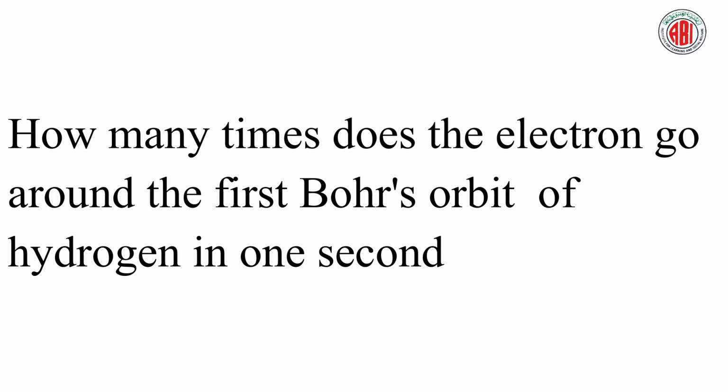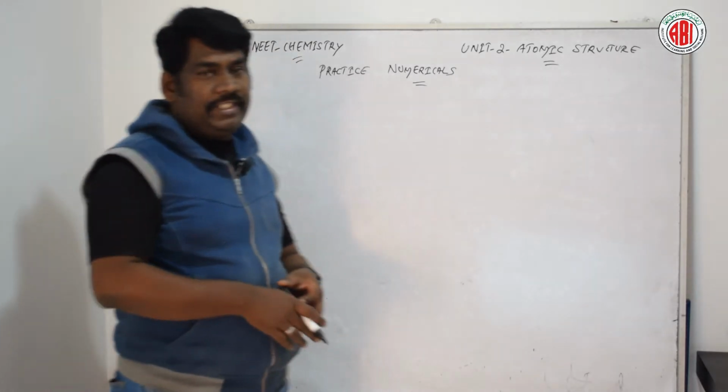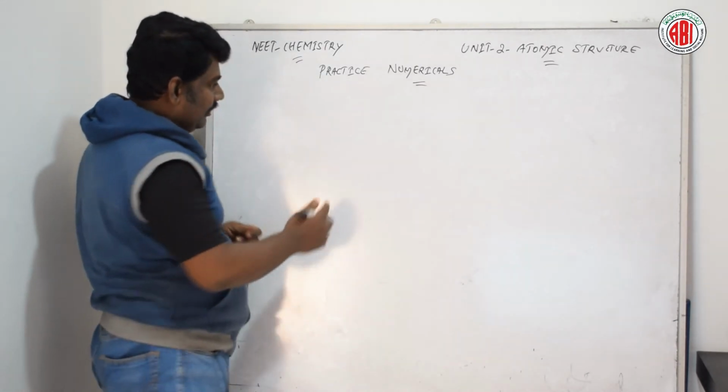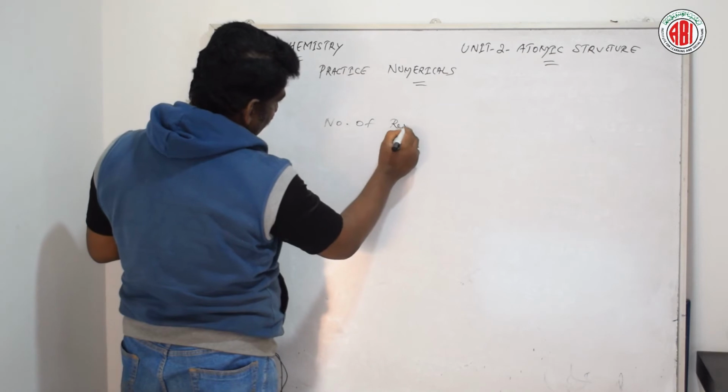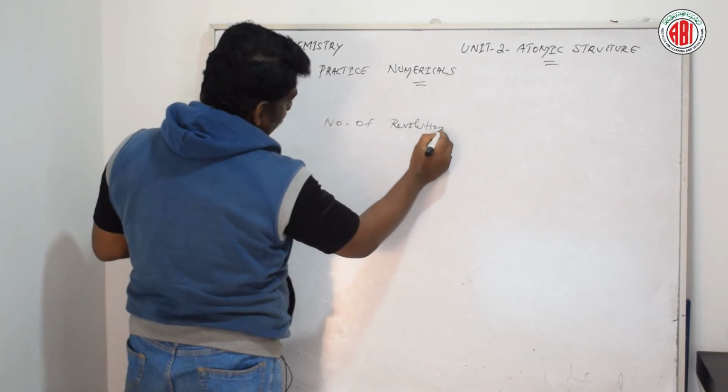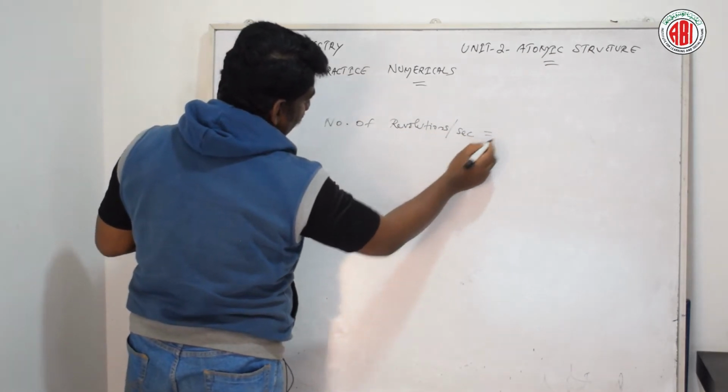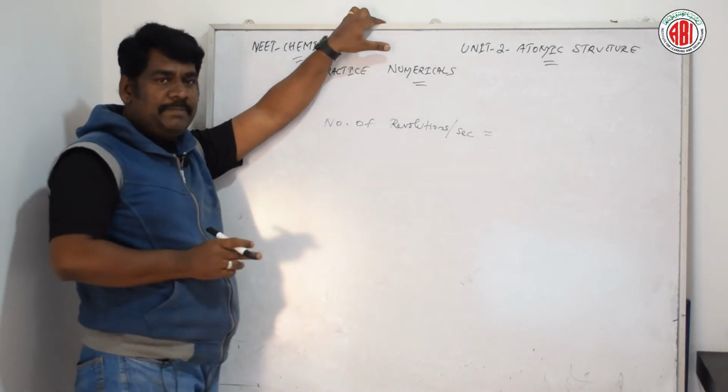Okay, now look at this next question, guys. How many times does the electron go around the first Bohr's orbit of hydrogen in 1 second? Let us see how to solve this problem. According to this question, number of revolutions per second.